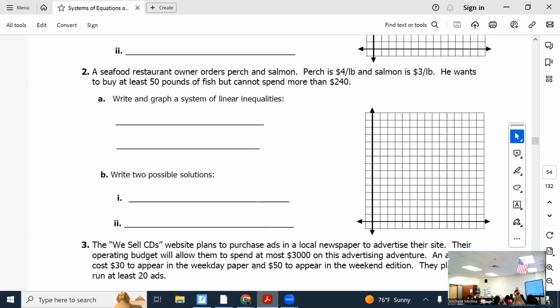So in a system, how many inequalities will I need? Because that's what we're progressing to, systems of linear inequalities now. So systems of equations, how many equations were there?